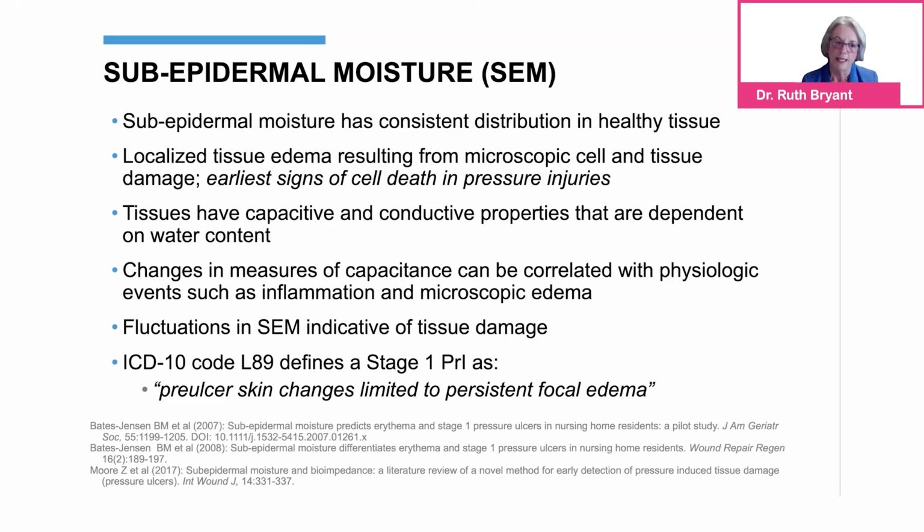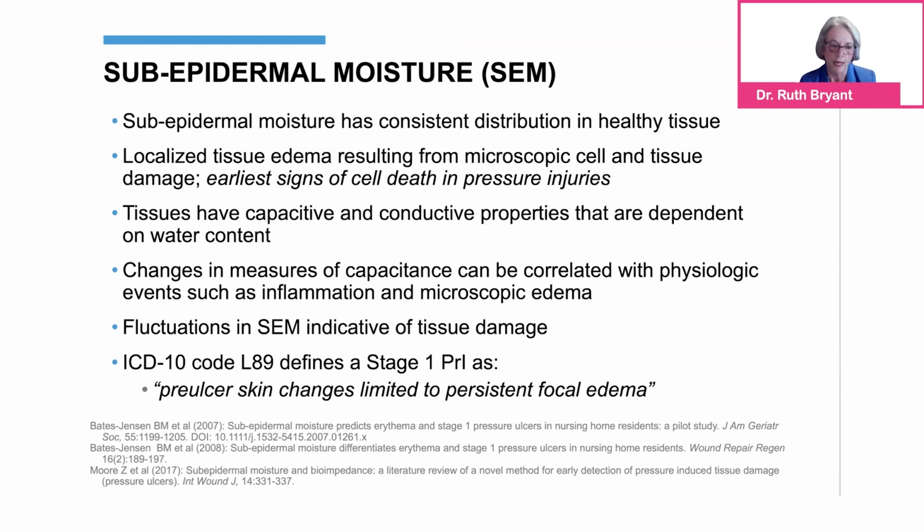And changes in that measure of capacitance can be correlated with physiologic events like inflammation and microscopic edema. Again, this is thanks to the research done early on by Dr. Barbara Bates-Jensen. So these fluctuations in subepidermal moisture are indicative of tissue damage, and we can now measure that, and now we can act on it.